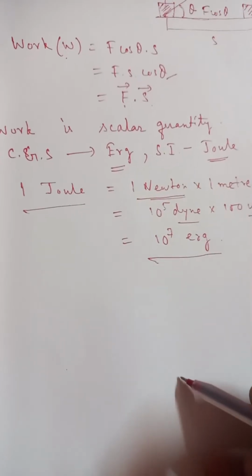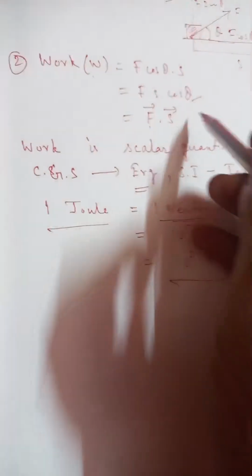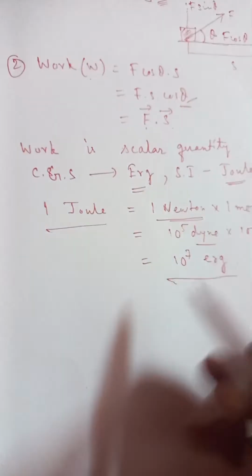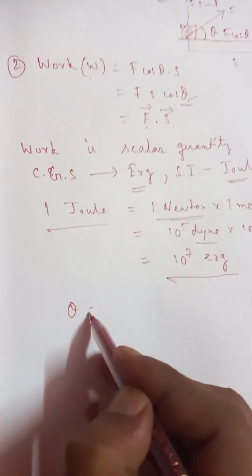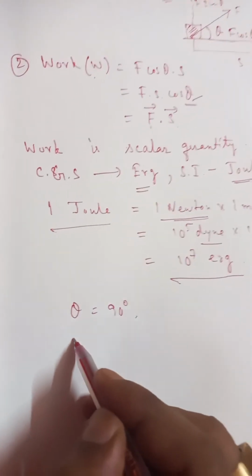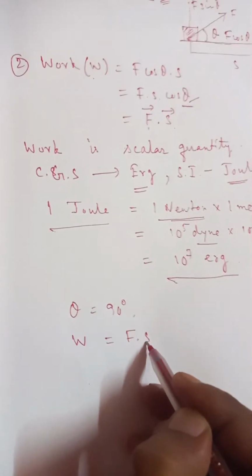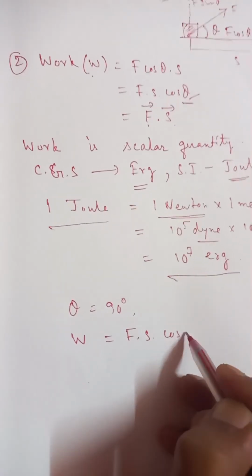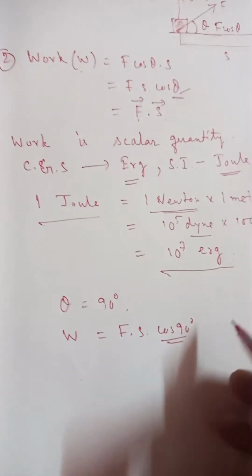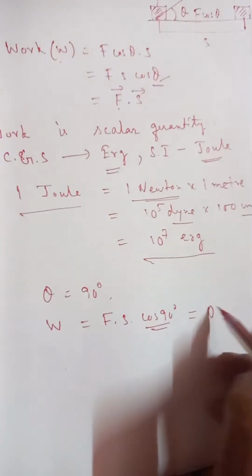Now if we consider case 2, here if we take theta equal to 90 degrees, then work W is equal to F S cos 90 degrees. Cos 90 degrees is equal to 0, so the work is 0.